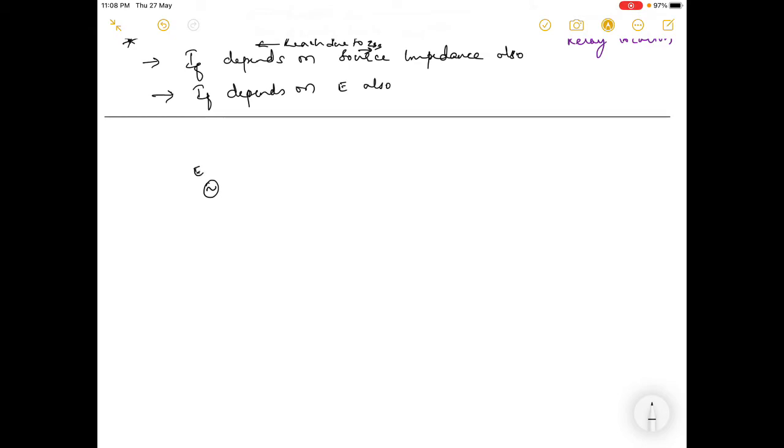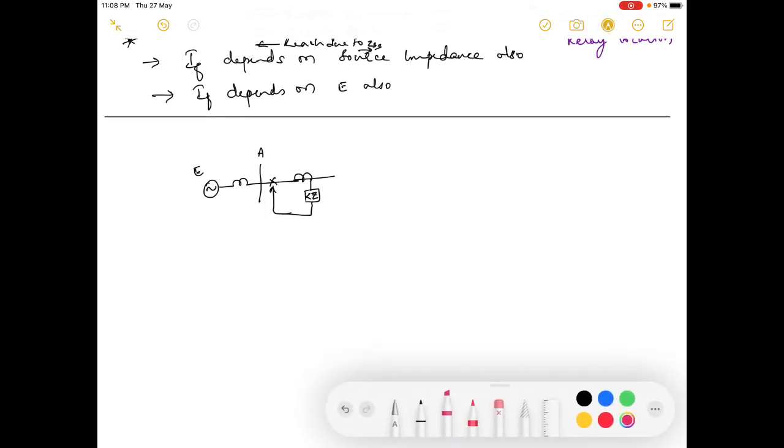So this is our source and this is the source impedance, bus bar A, and we have a circuit breaker, and a CT given to a relay, which will give a tripping signal to the circuit breaker. Now here it is Z, let me draw it a bit bigger.